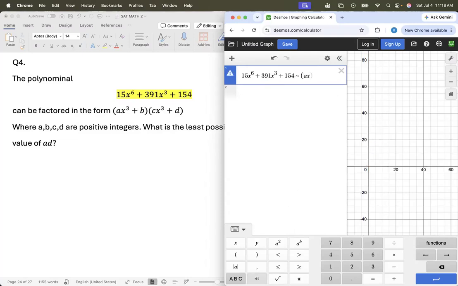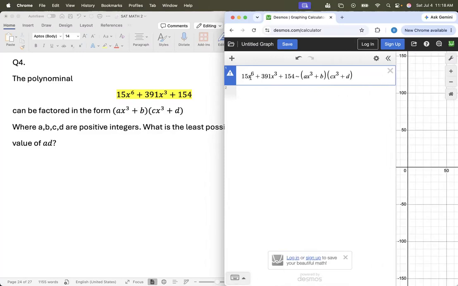It's a s to the power 3 plus b, c s to the power 3 plus d. So we're going to regress this.